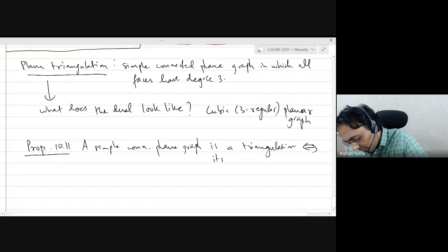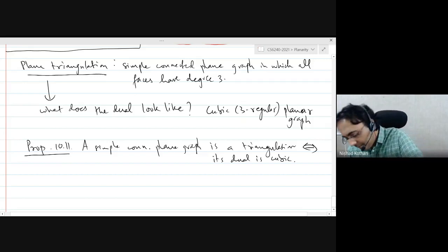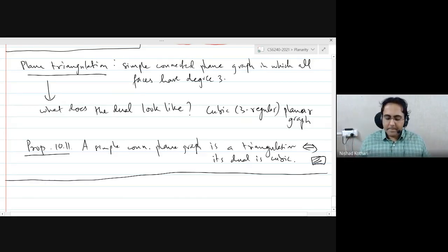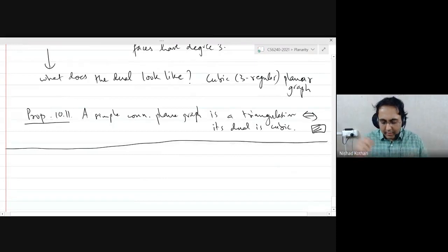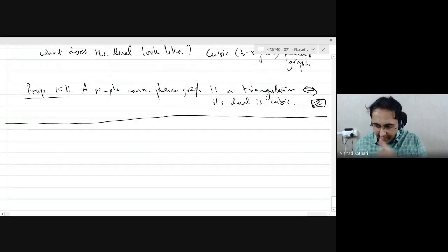Because for the dual to be cubic, it implies that all the faces would have degree 3. Right? So that's clear. So that is some fact we might find useful in a later part of the course. Okay. Good.